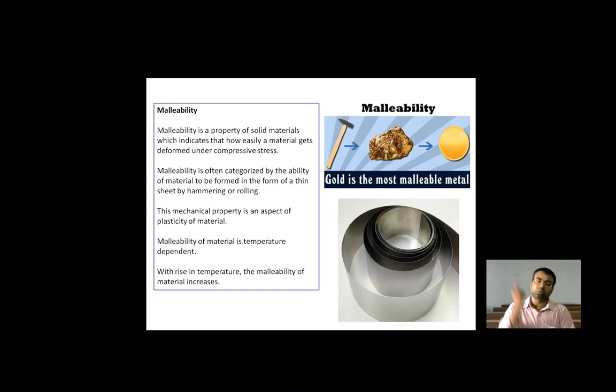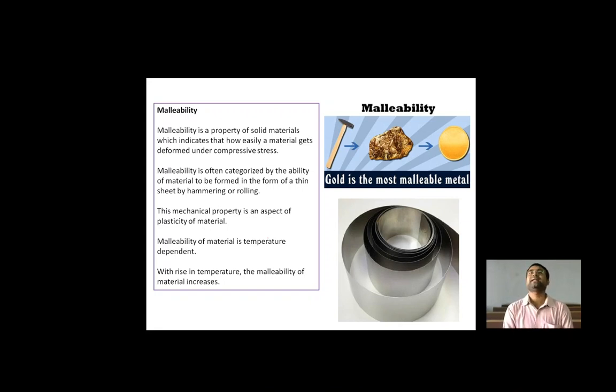We are compressing that particular material, and due to that compressive stress, the material changes its shape from a thick material to a very thin material, as they change into sheets. So malleability is often characterized by the ability of a material to form a thin sheet by hammering or the rolling process, as you can see in the figures.